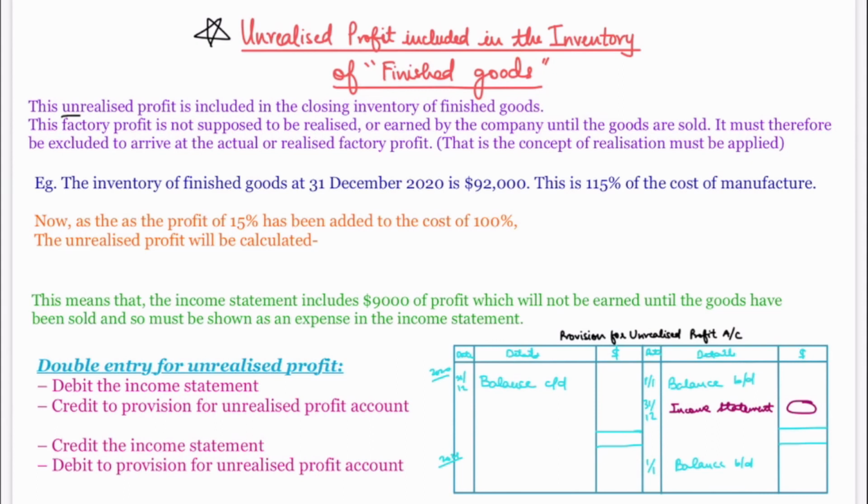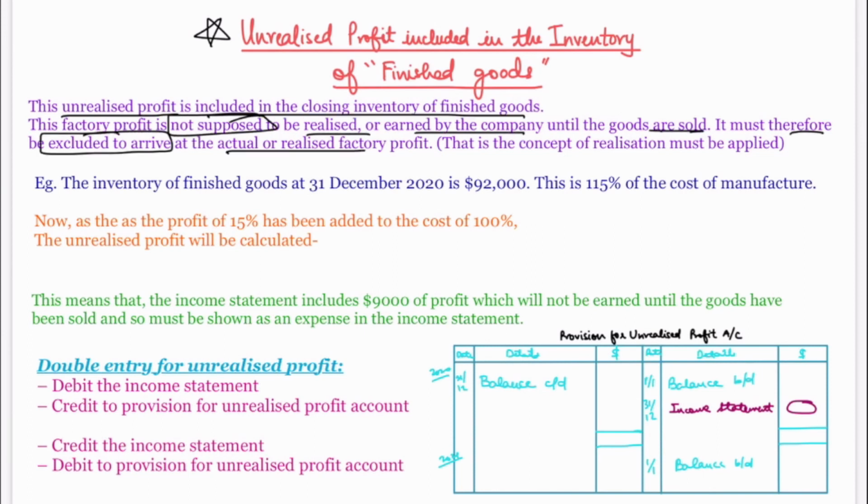As I said, this factory profit is not supposed to be realized or earned by the company until the goods are sold. It must therefore be excluded to arrive at the actual or realized factory profit. The concept of realization must be applied to do so, that is, reversing the amount to exclude the profit element.